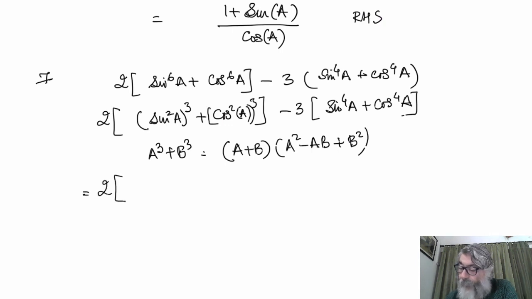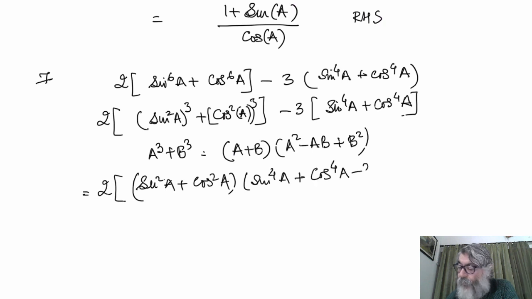2, and what will we do? Sine square a plus cos square a will be one factor, a plus b is the first factor, then a square, square of the first term, sine to the power 4a plus cos to the power 4a minus 2 sine square a cos square a using a cube minus b cube.